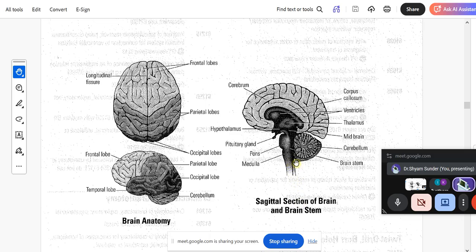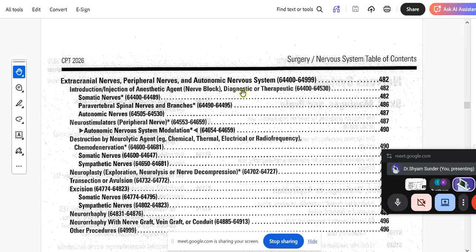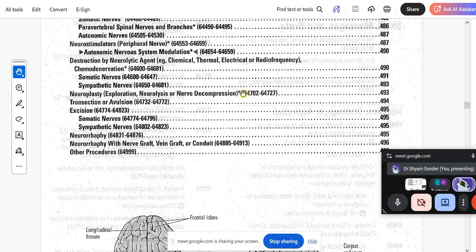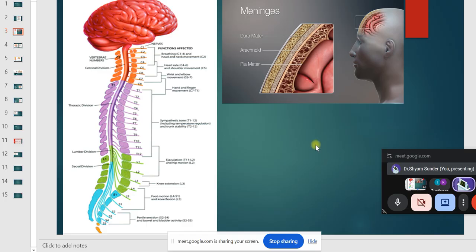The surgeon will be performing on these parts, either the frontal lobe or parietal lobe or temporal lobe. Neurosurgery is a very complex surgery. From a coding point of view, let us try to simplify it. It is even more complex than the cardiovascular system.